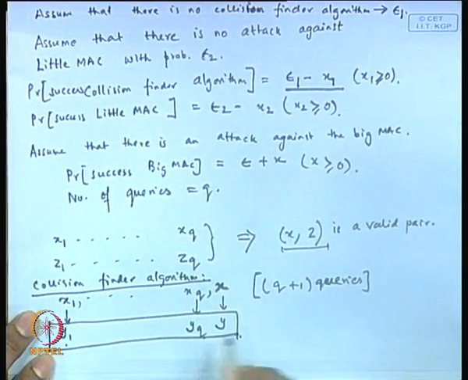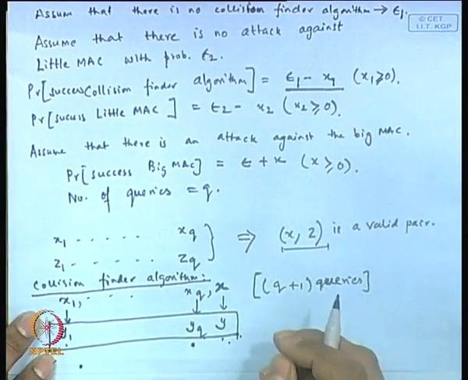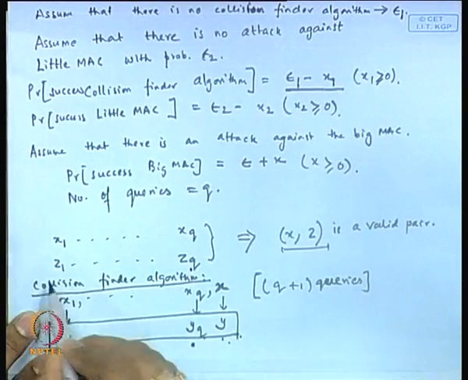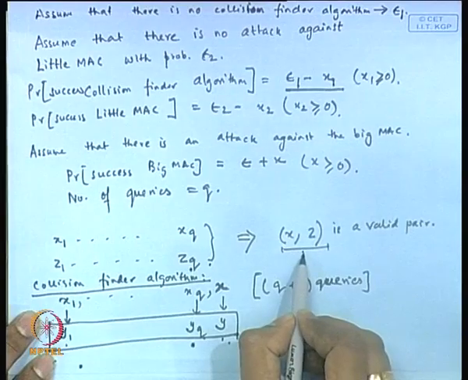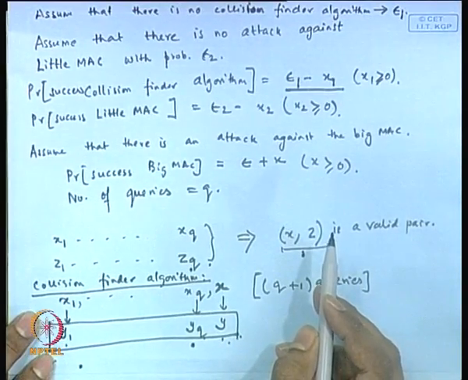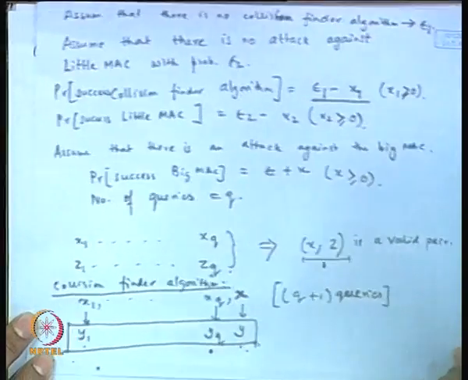Now there can be two cases. If y belongs to y1 to yq, then the collision finder algorithm is successful. But if y does not belong to y1 to yq, then what I am trying to justify is that this is an attack against the little mac. Why? Because it already knows z1 to zq and the value of z, so we also know the corresponding MAC output of y, and y does not belong to any of the y1 to yq values.